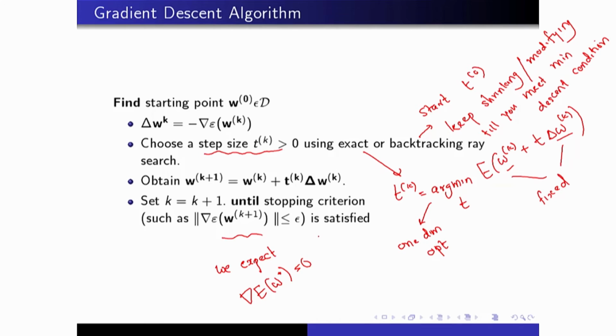That may not be possible, but what we can certainly look for is w_k or w_{k+1} which gives a very small magnitude gradient of E evaluated at that point. So you want the gradient to be very small, the rate of change to be very small when you move around this point. So you would generally stop then.